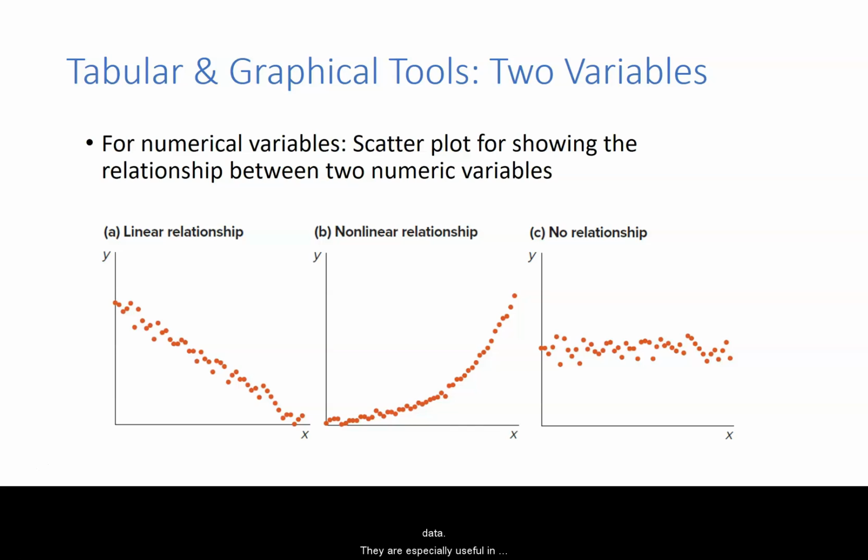They are especially useful in descriptive analytics that is often performed before more sophisticated analysis such as predictive or prescriptive analytics are performed. It is a critical step in the data understanding phase of many data mining processes.